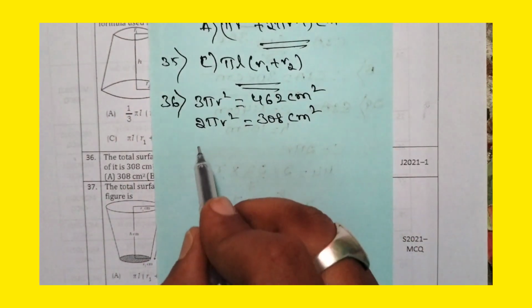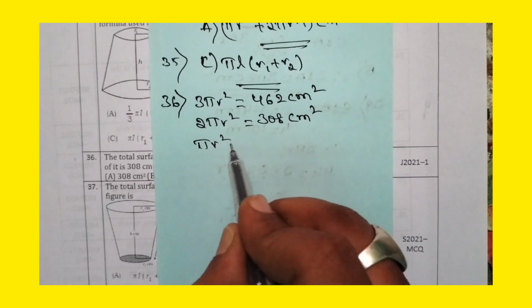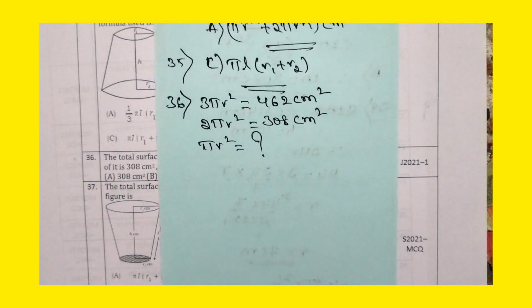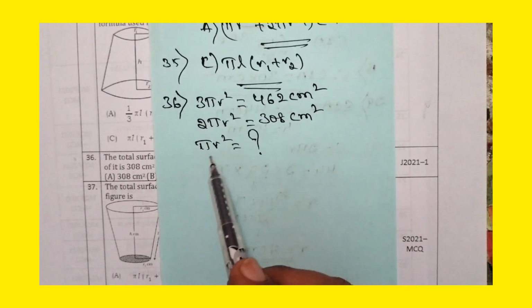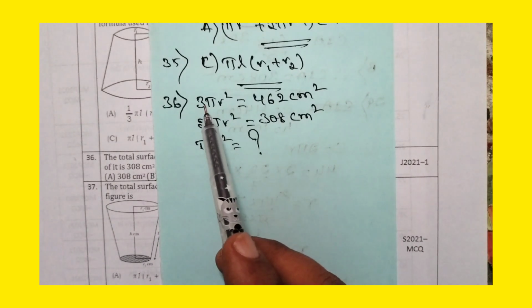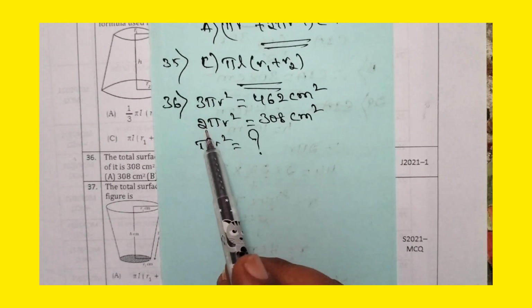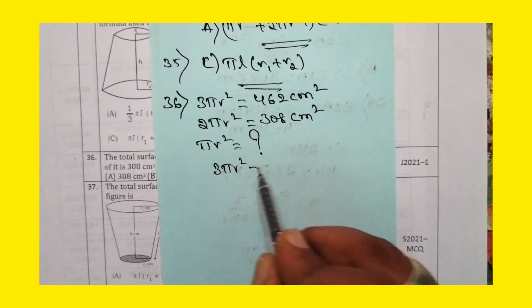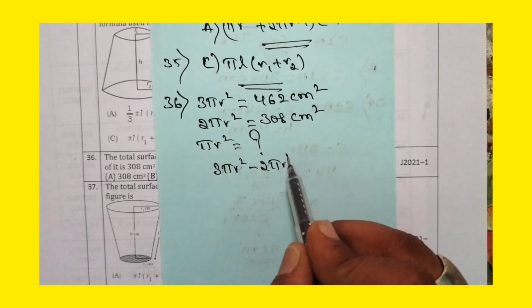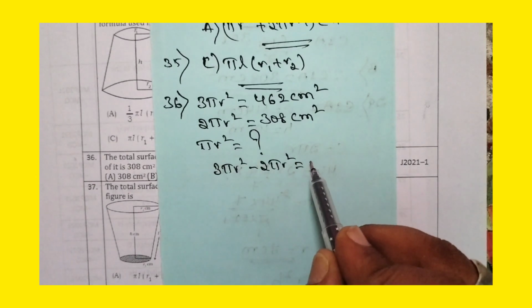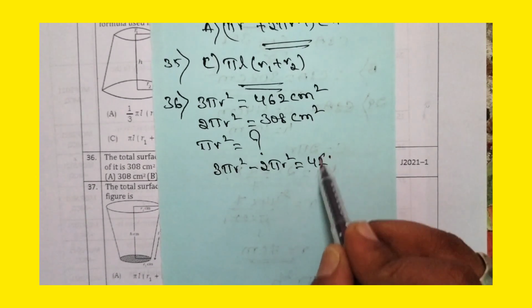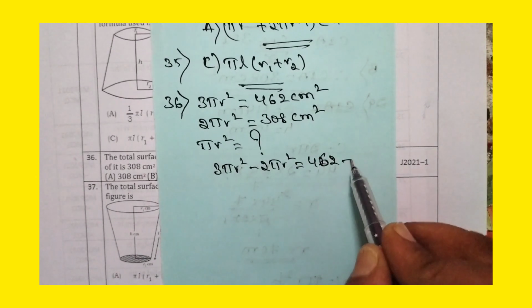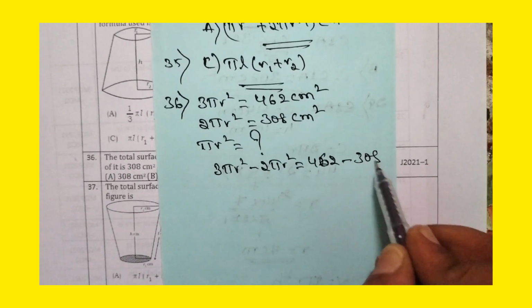So base of the hemisphere, it is in circular shape. So we have to calculate the area of the circle, that is pi r square is equal to question mark. Agar ee pi r square barabeku andre, from 3 pi r square you subtract 2 pi r square. So 3 pi r square minus 2 pi r square is equal to 3 pi r square andre 462, then 2 pi r square andre 308.